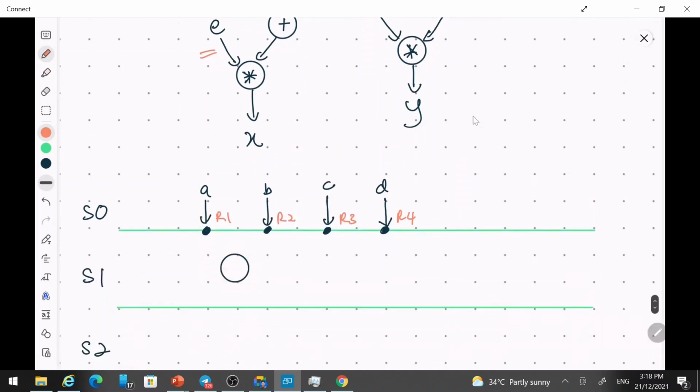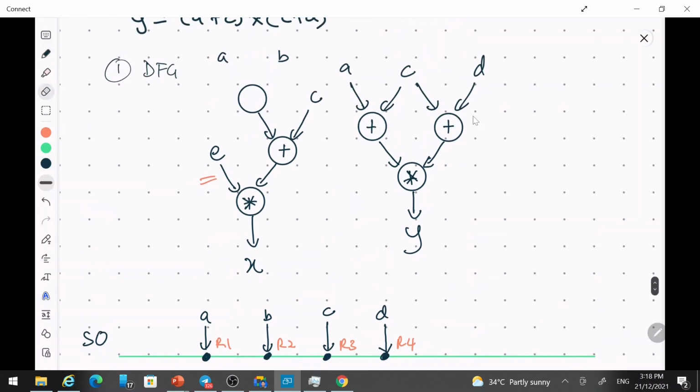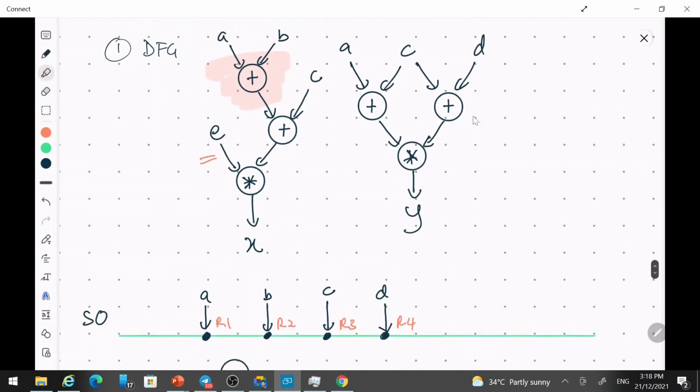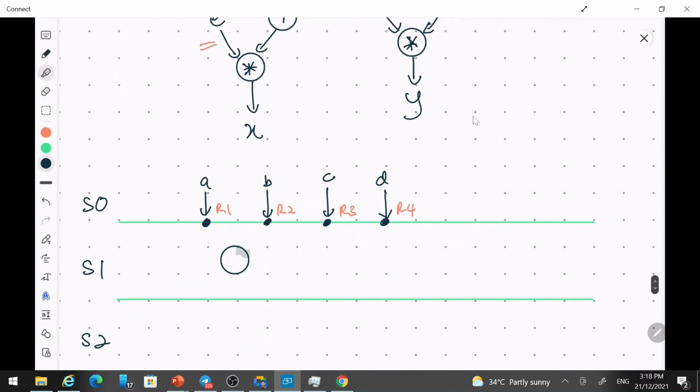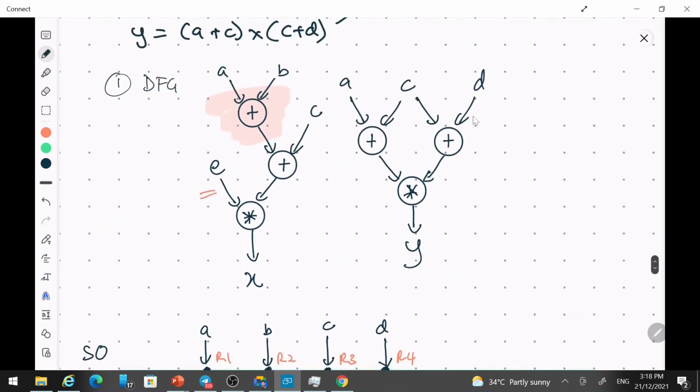And we have A plus B here, this part. So we can have here A plus B, and the result of this operation we need to keep in the register. Now here, we need to see whether we want to use B again or A again.